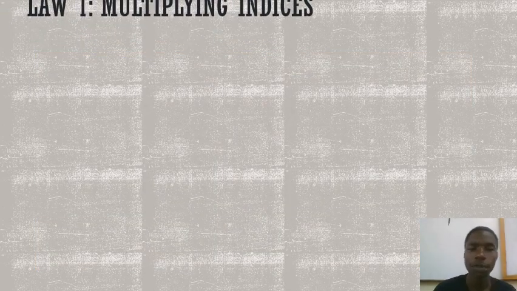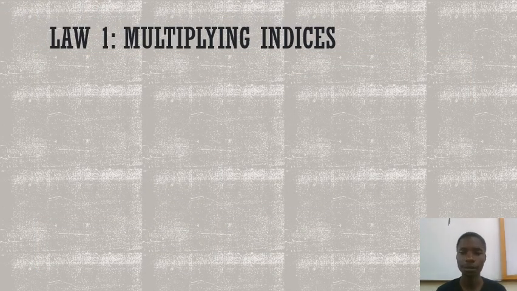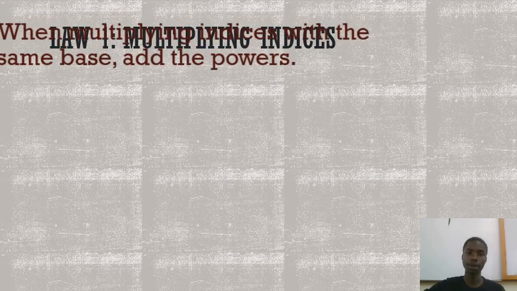Now, as you have seen, we are going to discuss 5 laws here, and you have seen how the formulas come about. Now let's go to talk about each of them individually. First, we are going to talk about multiplying indices. As you saw, multiplying indices is our first law.